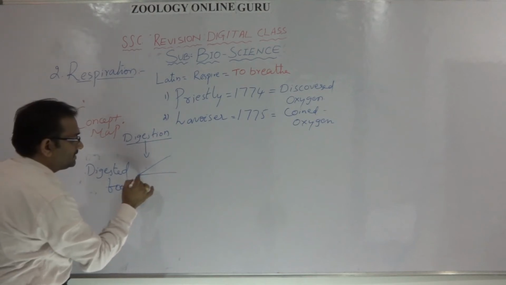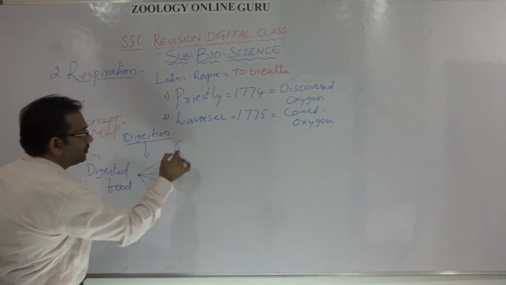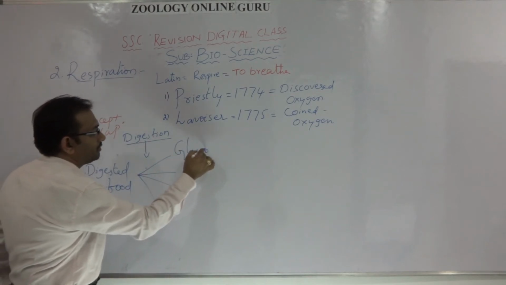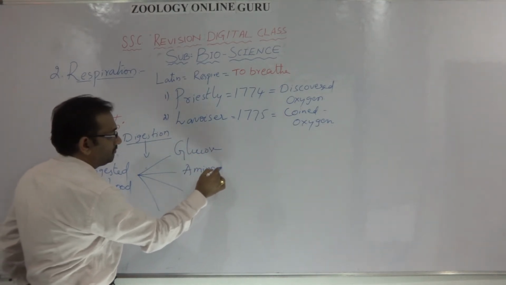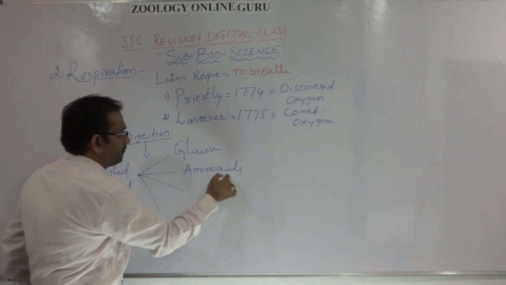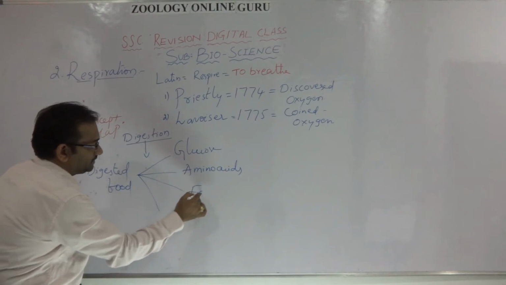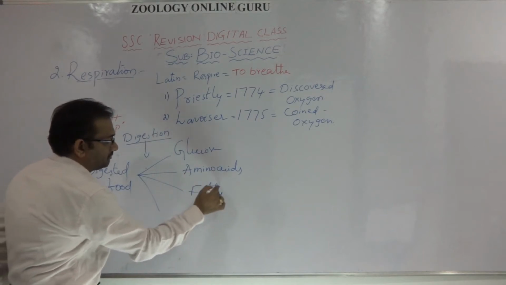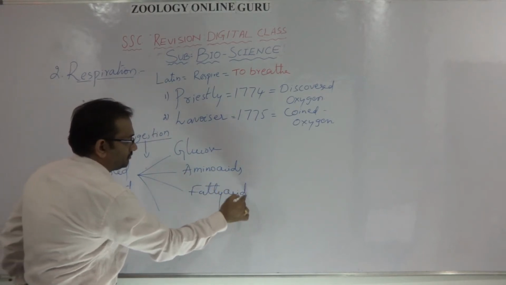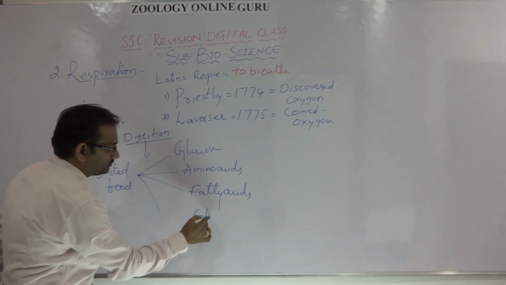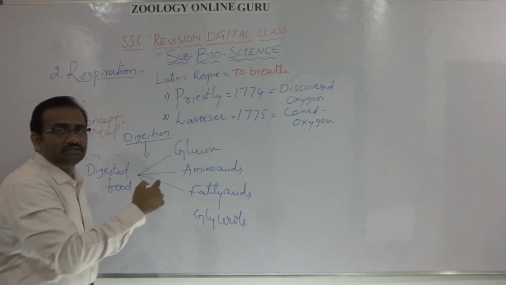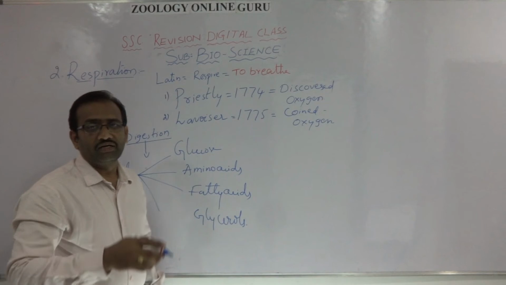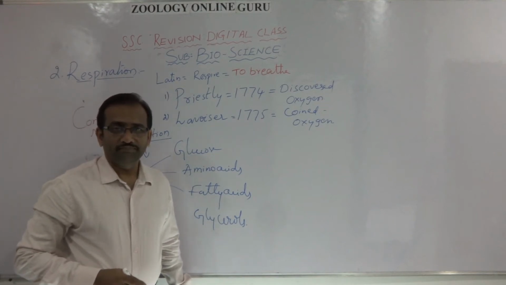Digested food is in the form of maybe glucose, amino acids, fatty acids, and glycerol. This is the digested food in the animal body.